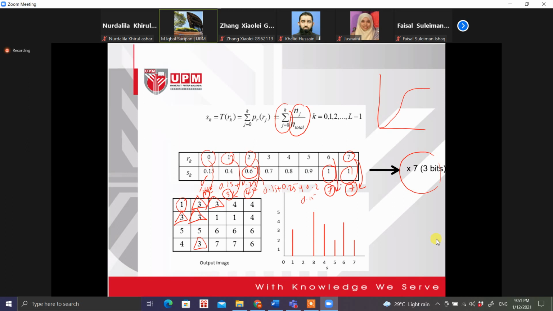So what this particular algorithm is trying to do is trying to equalize the distribution of the histogram.